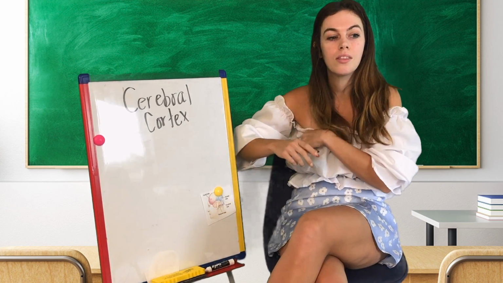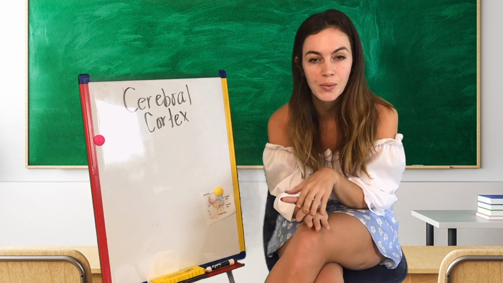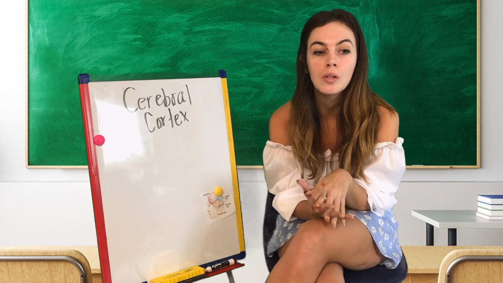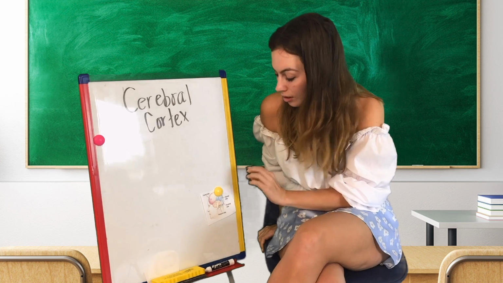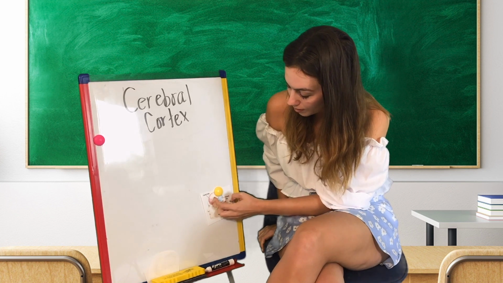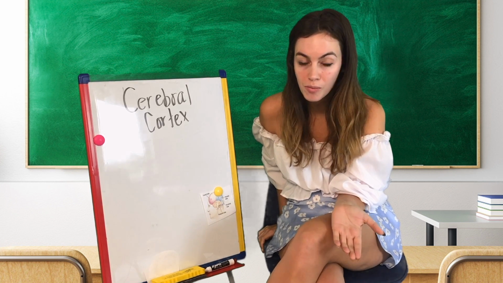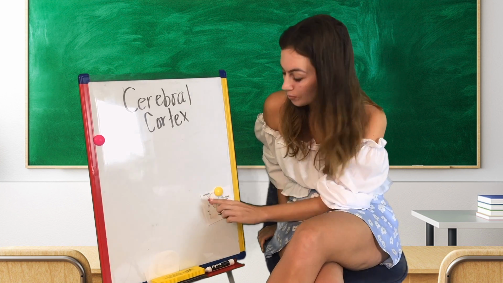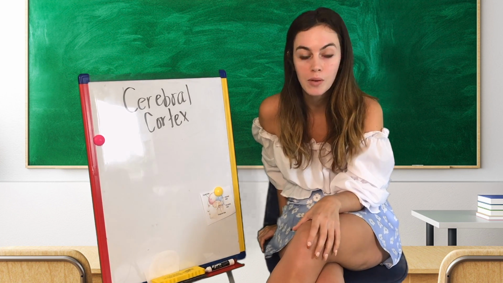So within the cerebral cortex, there are different functions. Okay, so the motor cortex is the area at the rear of the frontal lobe, and that's going to control voluntary movements. So we've got the frontal lobe, it's helping with also the motor cortex.